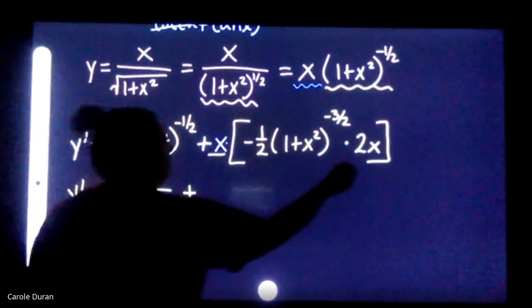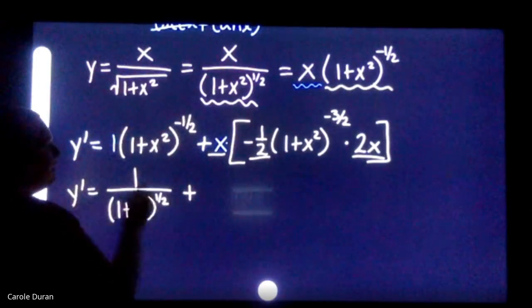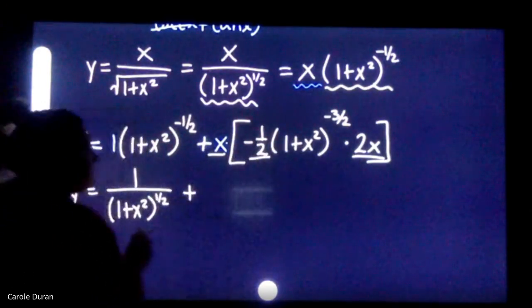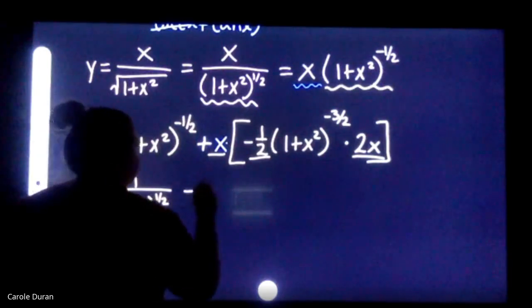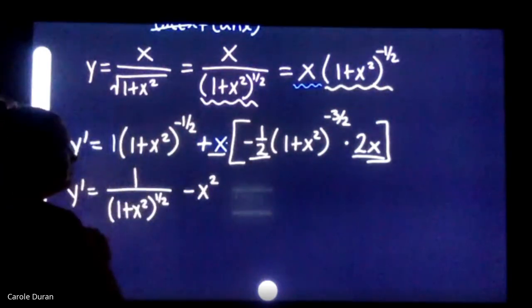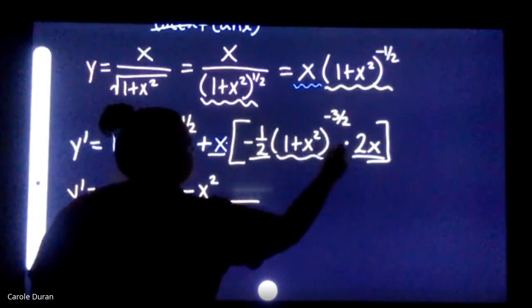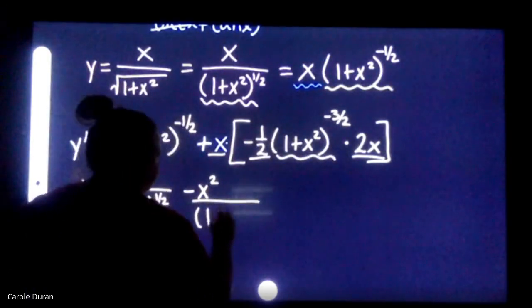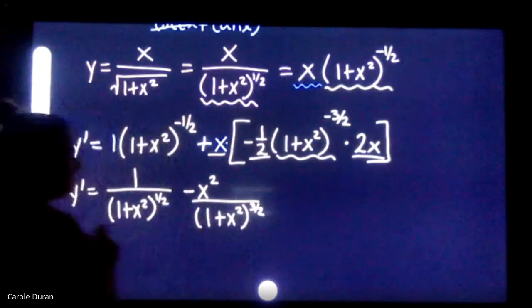So x, 2x, and negative 1/2, I can multiply all together. x times 2x is 2x squared, times negative 1/2 becomes a negative x squared. I can also move this parentheses to the bottom, which makes it a positive 3/2.